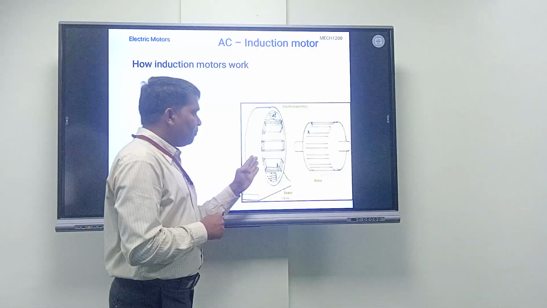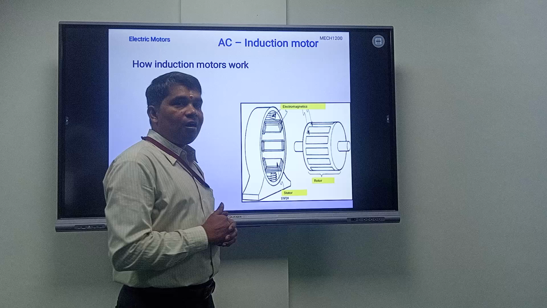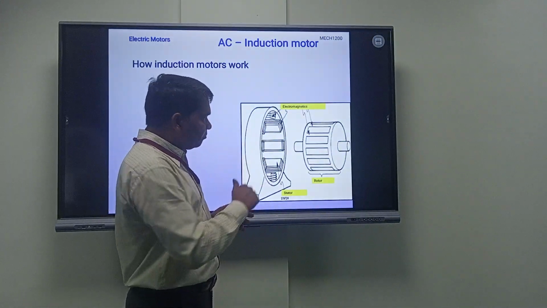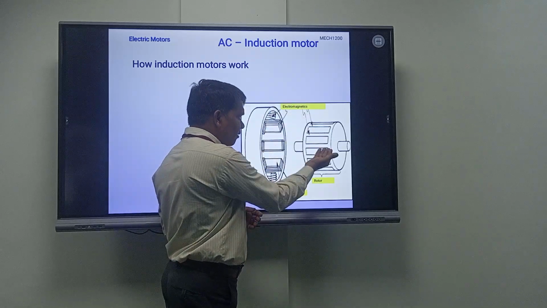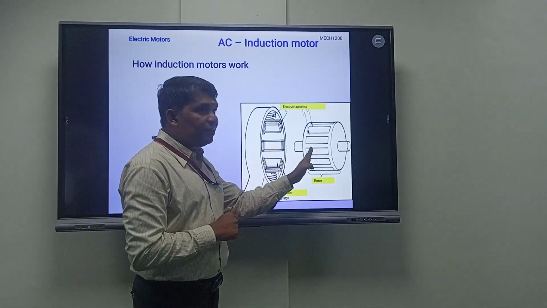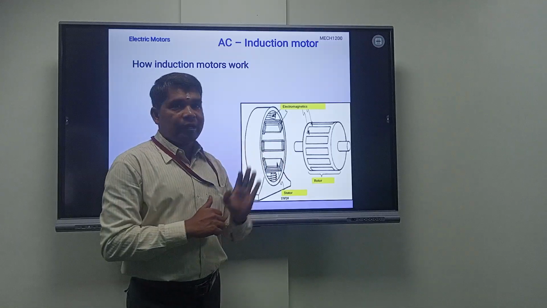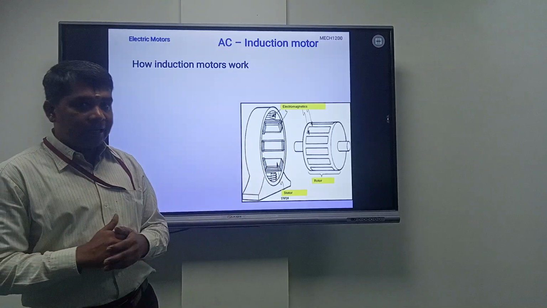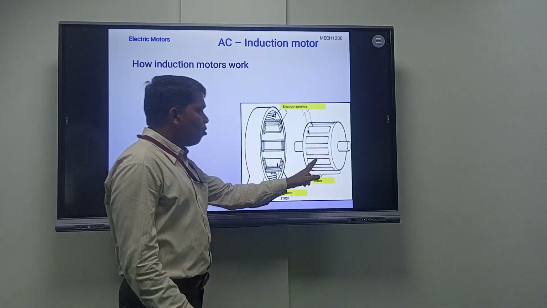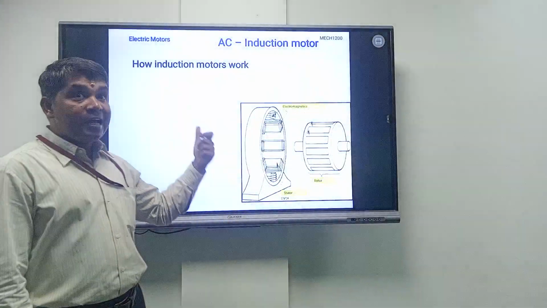The rotating magnetic field of the stator, which rotates at the synchronous speed, goes to your rotor. So the rotor also has the same frequency until it starts to rotate. Once the rotor starts to rotate, it has a different frequency, because both cannot run at the same speed. That's why it is called an induction motor.